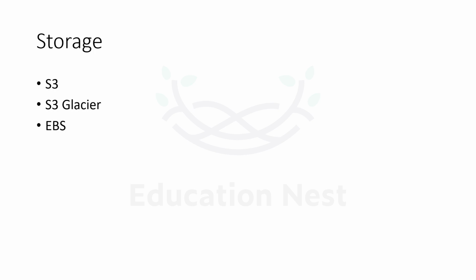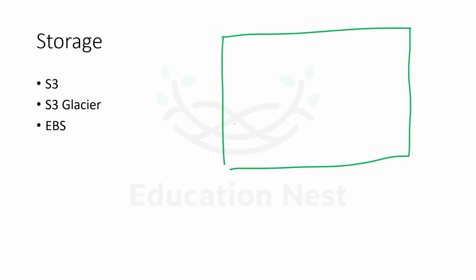Apart from One Zone Standard Infrequent Access, all other storage classes replicate the data across 3 availability zones, providing us with 11 nines of durability. But what if the entire region goes down? Because in the region we have AZs, right? This is our region.